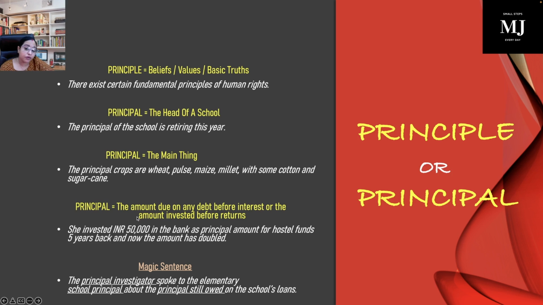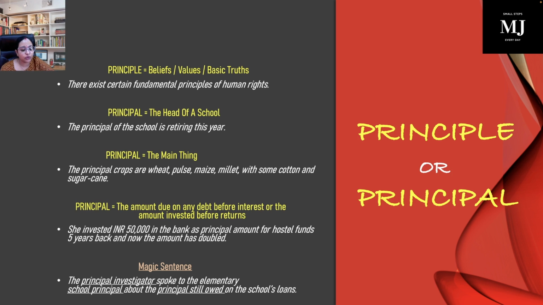Then we have another principal with the same spelling, AL only. But this principal is related to finance. It's all about money. So it's about the amount due on any debt before interest. If you understand the finance game even a bit, you must be knowing that there is something like interest and then there is something like principal amount. So this is that principal amount, guys.